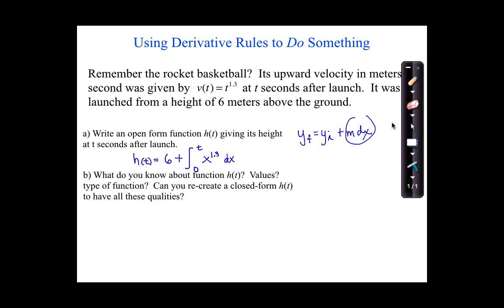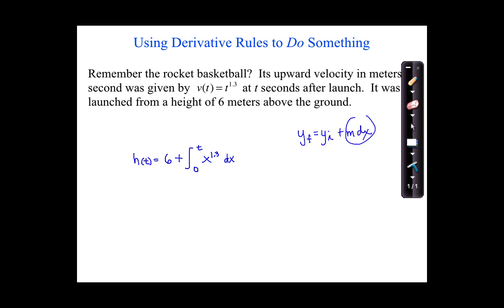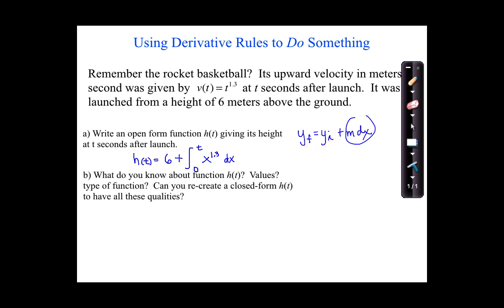So here's a question. This h of t function, it's 6 plus something or another. That rate function, x to the 1.3 or t to the 1.3, can you think of what sort of expression must be in h of t so that its rate of change, its derivative, comes out to be this v of t that we had, this t to the 1.3?